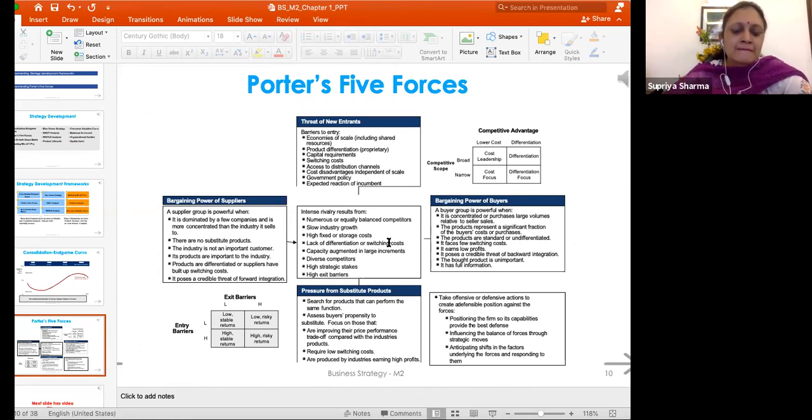Whenever we enter into any industry, I need to see whether I should really enter that industry. So this Porter's 5 forces model identifies and analyzes the 5 competitive forces that shape every industry and helps us to determine an industry's weaknesses and strengths.